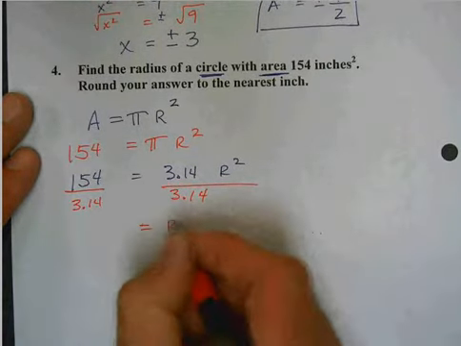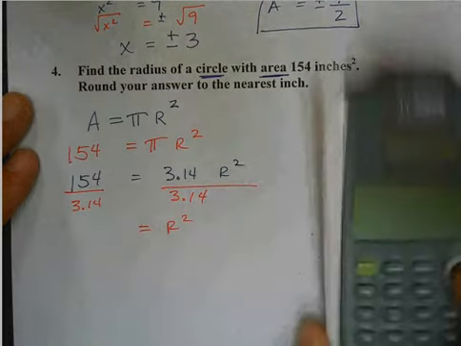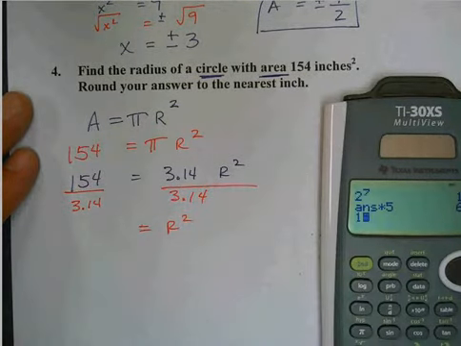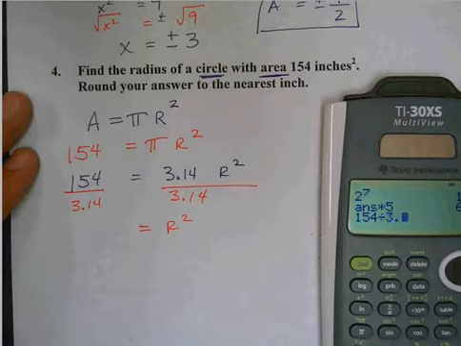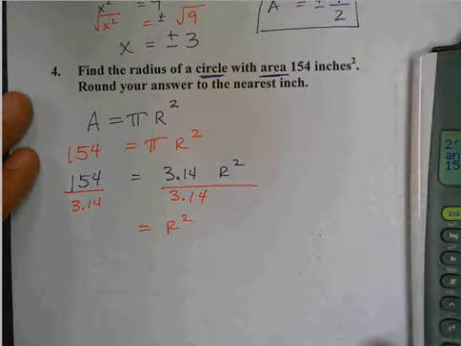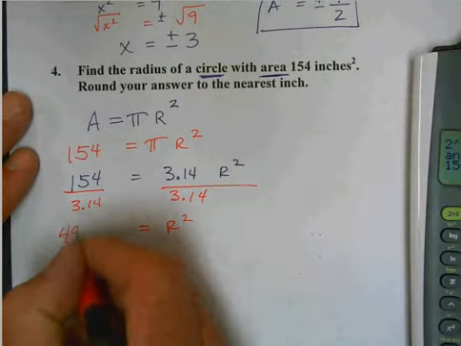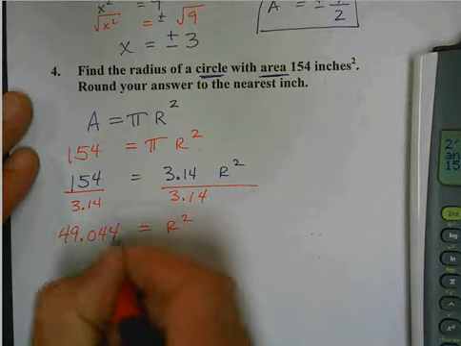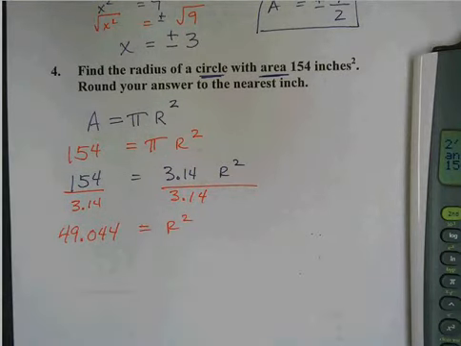And that's going to give you some 49.04. Now don't get rid of the decimals yet. Reminder, when do we round? We round at the end. How do you get rid of the squared part? Take the square root.